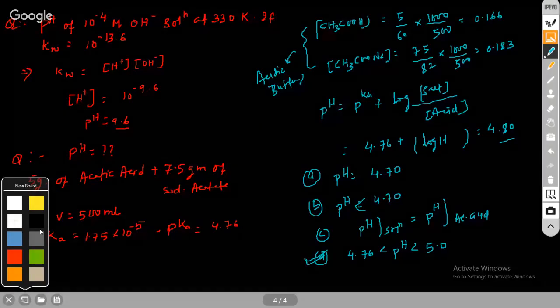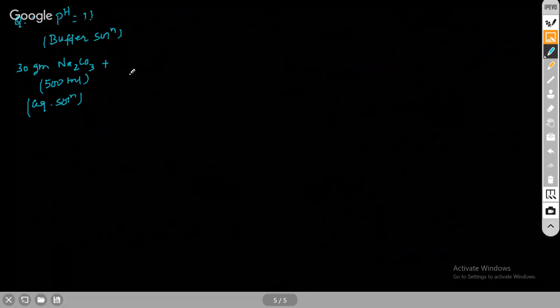Next one you see. You have to find out again pH of a buffer solution. It is mentioned, a buffer solution prepared by dissolving 30 gram of Na2CO3, and for this we have 500 ml of aqueous solution of this, and it is mixed with 1 molar HCl, 150 ml. pH you have to find out for this.